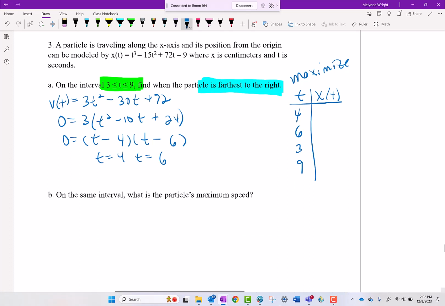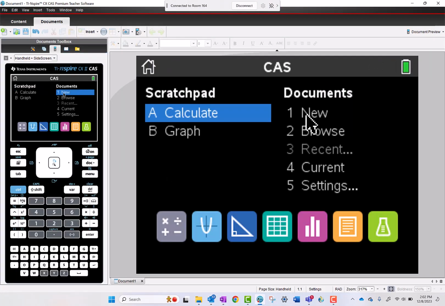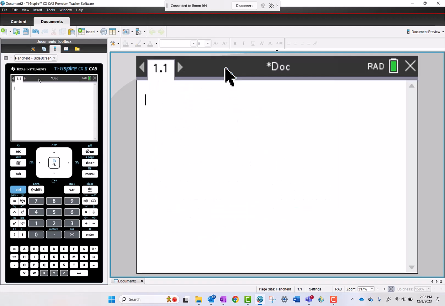I have too much stuff going on my calculator, so I'm just going to go to a new thing. Okay, here we go. So let's type in, and you just use the x. The calculator doesn't really care.